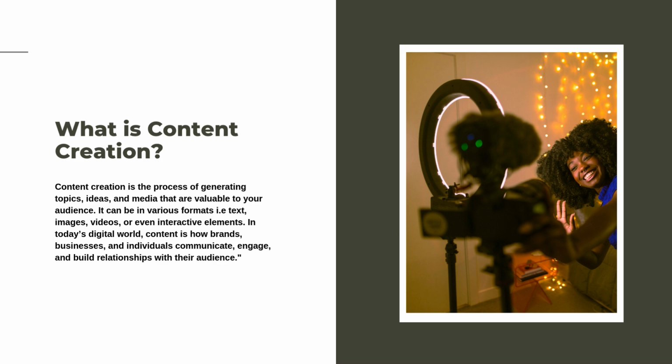Now, the way I like to teach is that I like to ensure that I'm breaking concepts into smaller meanings. What do I mean? So before I dive into explaining further what content creation is as displayed on the slide, I would first of all like to define what content is.